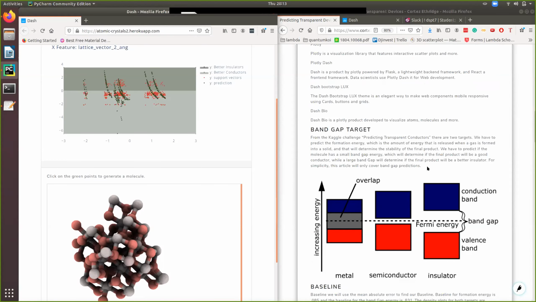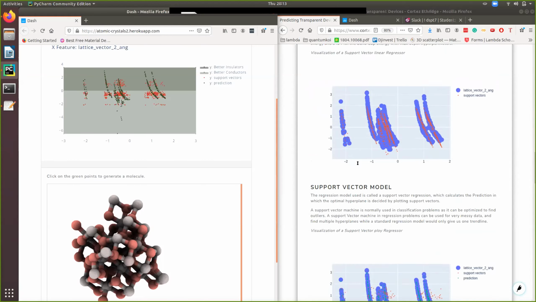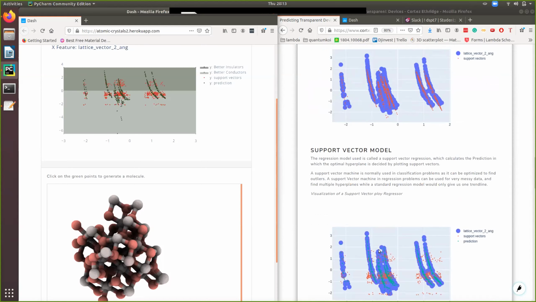And the band gap is basically to see if something is more of a conductor or more of an insulator. So the way support vector models go, they use categorization techniques on linear regression.